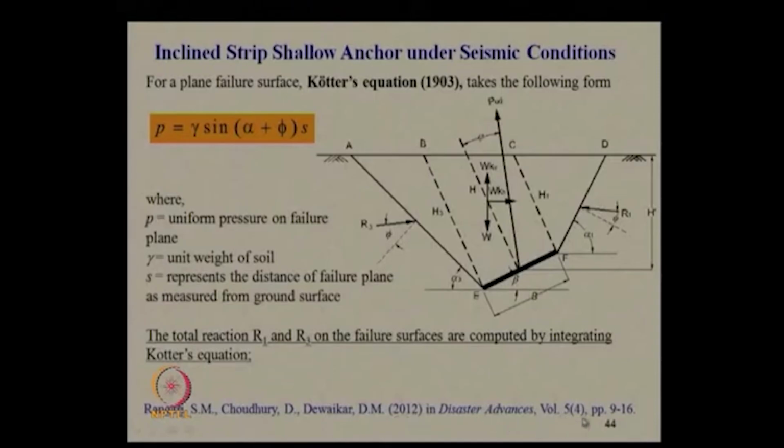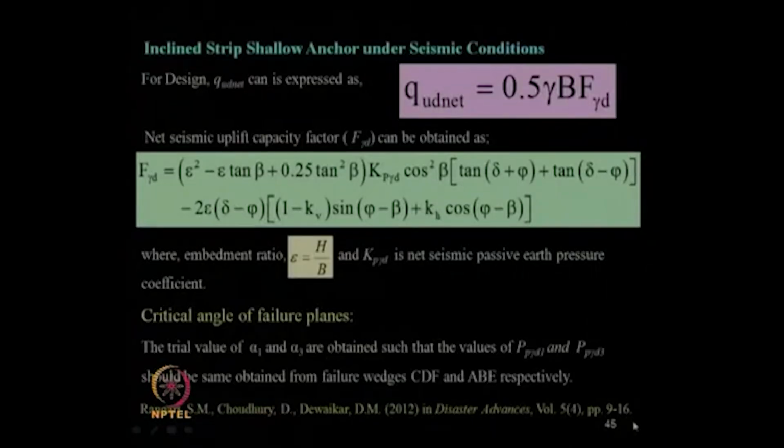This is the volume number, issue number and page number. So, here also the QUD net is expressed in this form, half gamma B and F gamma d. F gamma d is the non-dimensional uplift capacity factor, or the design uplift capacity factor under seismic condition, and the closed form equation of that F gamma d is given by this expression.